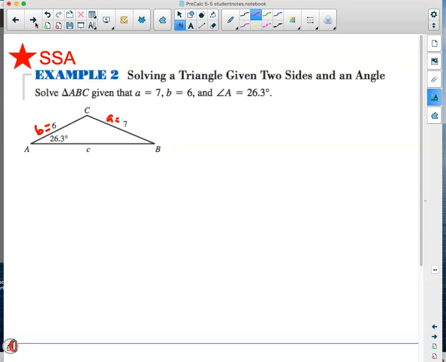So the first thing to do would be, let's figure out the height. Sine of 26.3 degrees equals h over 6. 6 sine of 26.3 degrees equals h.